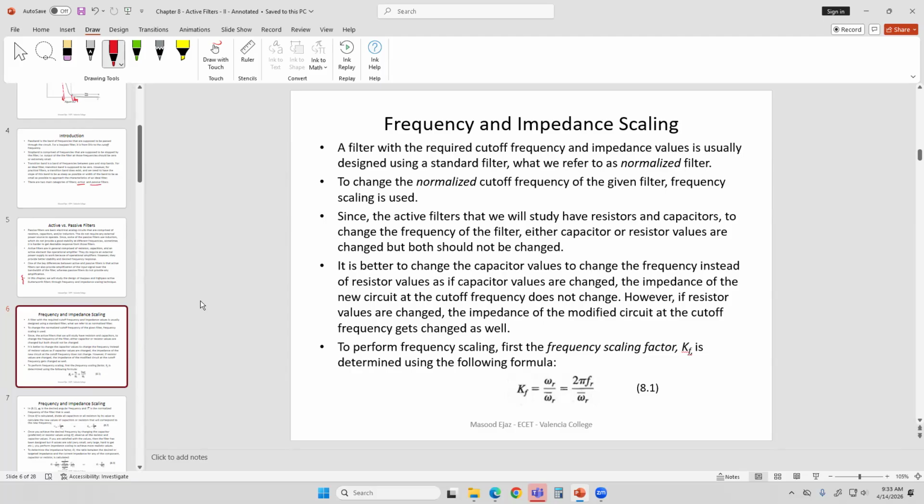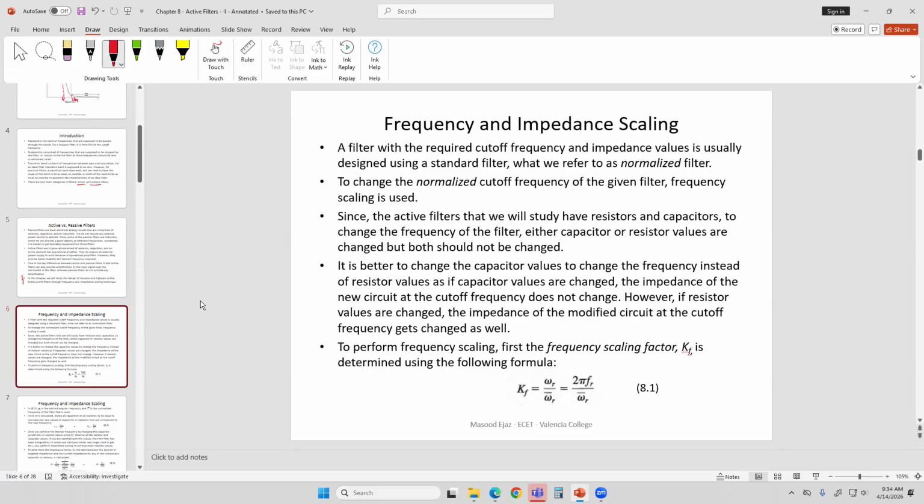And many times those values either we don't have, or they're not going to work for us because those values are either too small or too large. So if we go to our kit, we may not be able to find those values, which means that we have to choose the values that we have. So we have to change the values of the standard components.